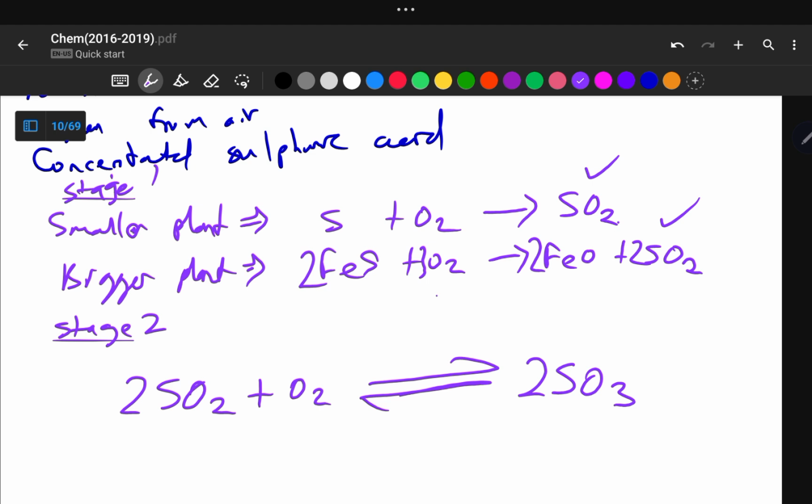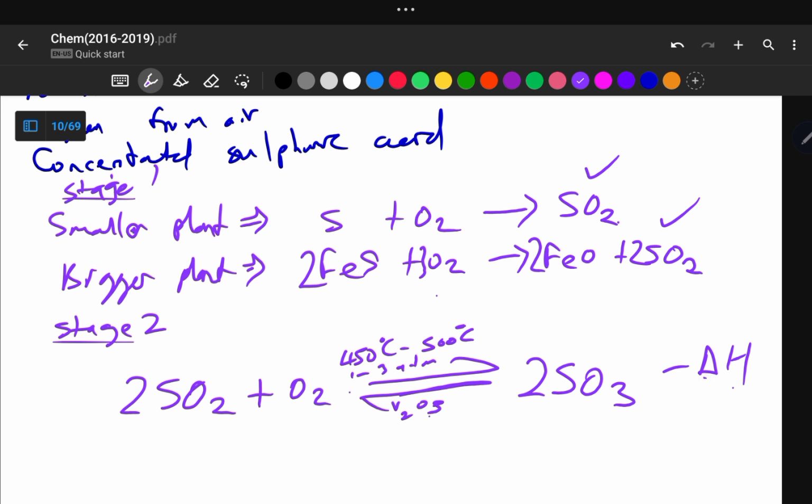So the conditions of this reaction, we are going to use a temperature of about 450 degrees Celsius to 500 degrees Celsius, and then a pressure of 1 to 3 atm, and then vanadium(V) oxide or vanadium pentoxide, right? That's the catalyst for the reaction. And also remember that this is an exothermic reaction with a negative enthalpy change.